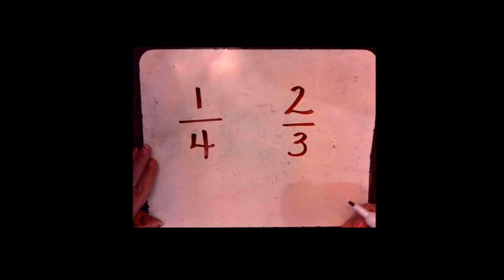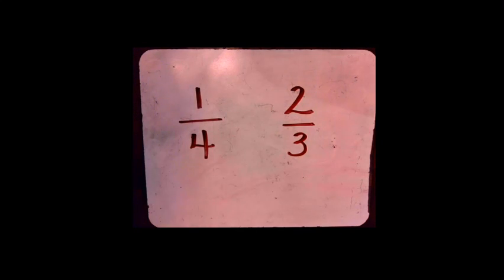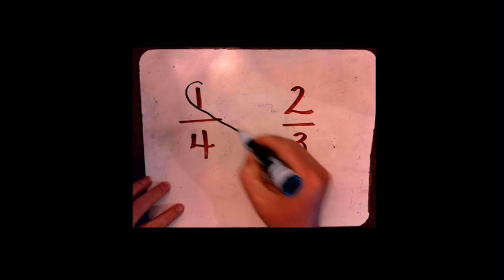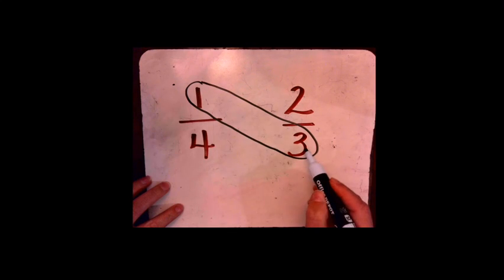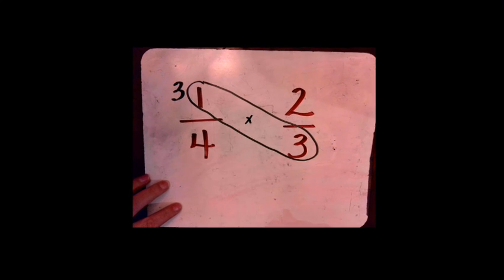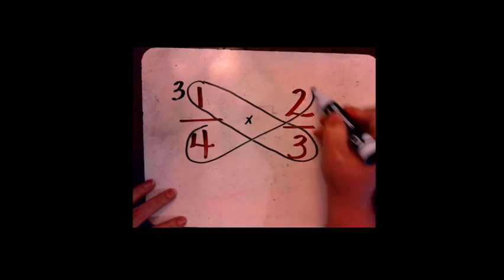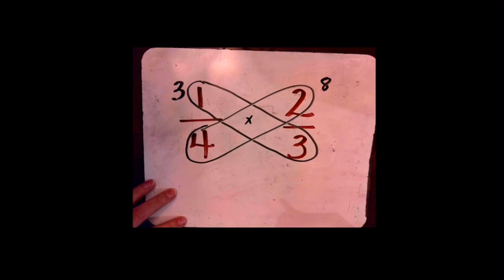Okay, now remember, when we think about multiplying, we think of that X. So the first thing I'm going to multiply is going to be these two numbers. And remember, I always put my answer beside my top number. 1 times 3 is 3. Okay? So we're done with that side. 4 times 2 is 8.